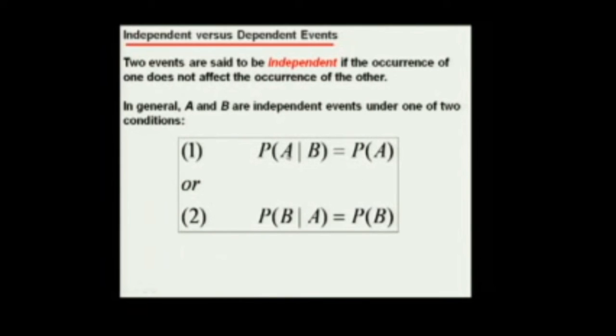If P(A given B) is equal to P(A), then the two events A and B are independent. Meaning if the probability of A, conditional on B, is P(A), then the two events A and B are independent. Similarly, if P(B given A) is equal to P(B), that means that A and B are independent.